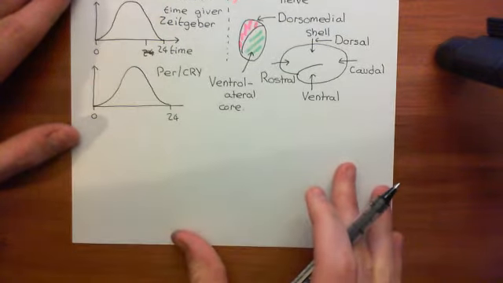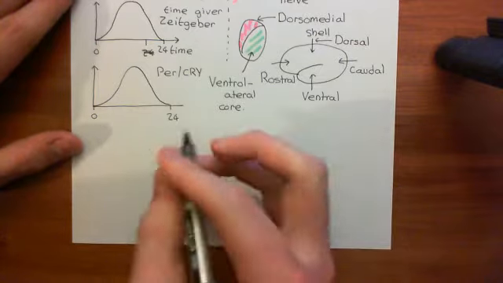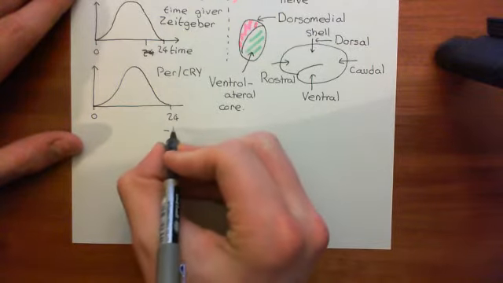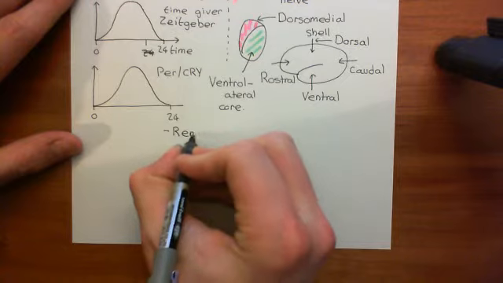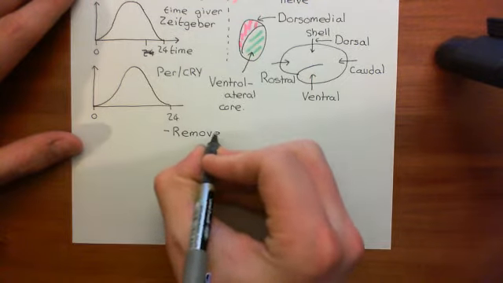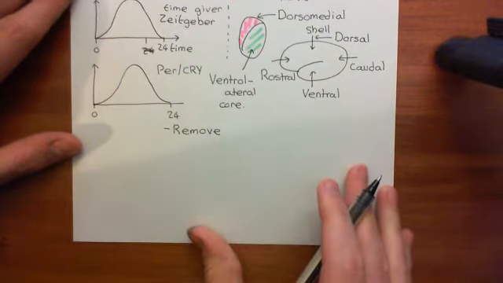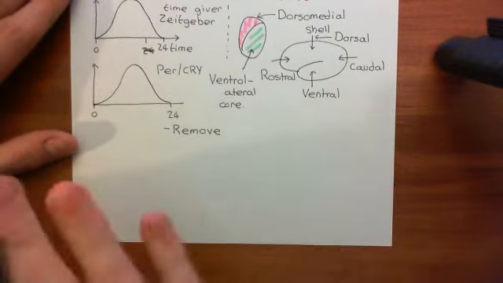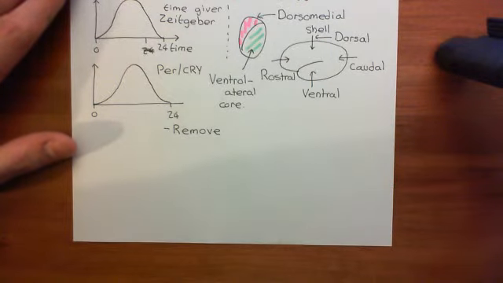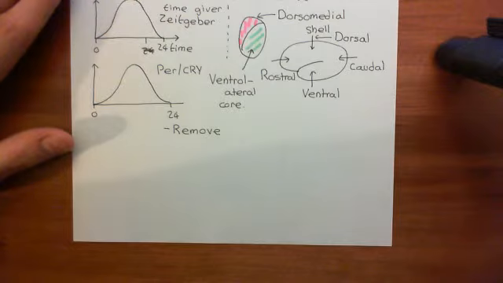How do we know this? Well, basically, if you remove the suprachiasmatic nuclei from an animal, then all of the cells within the body lose their synchrony. Okay, they start oscillating completely out of phase. So all of the cells of your body effectively think that the time is totally different from every other cell, basically. So it's chaos.